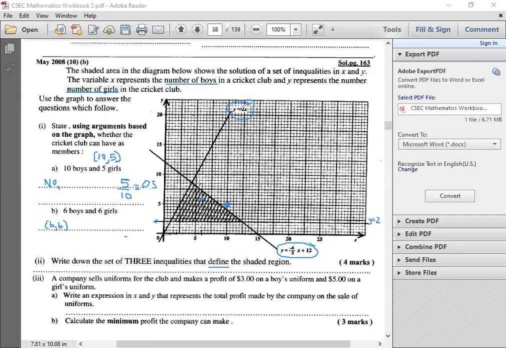The one that says y is equal to 2x, how do we convert it to an inequality? Would it be y is less than or equal to 2x?